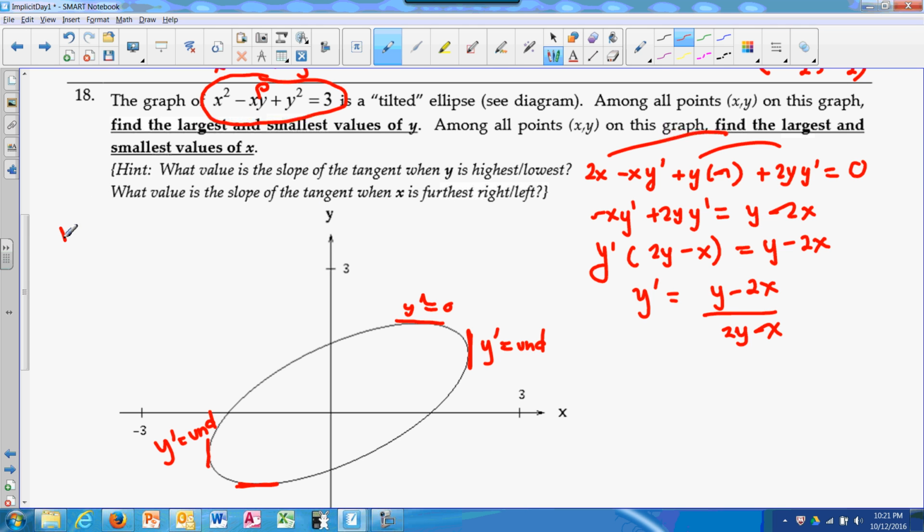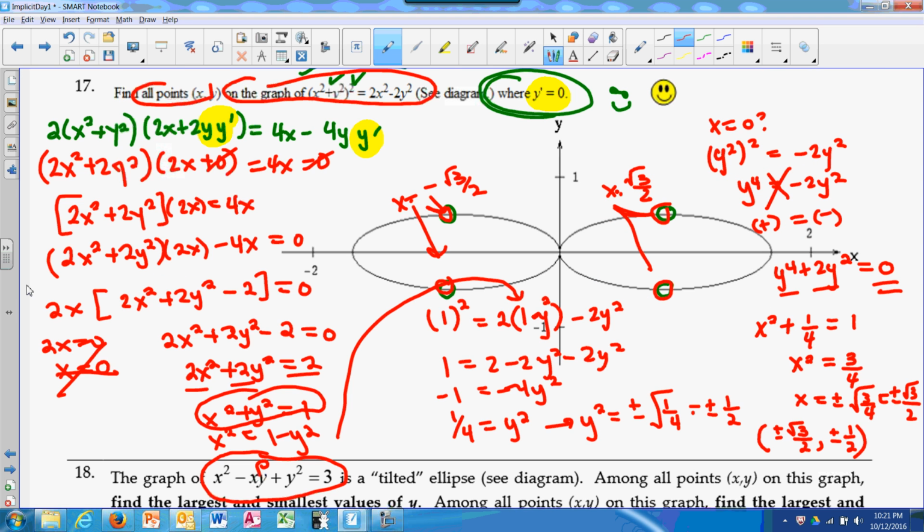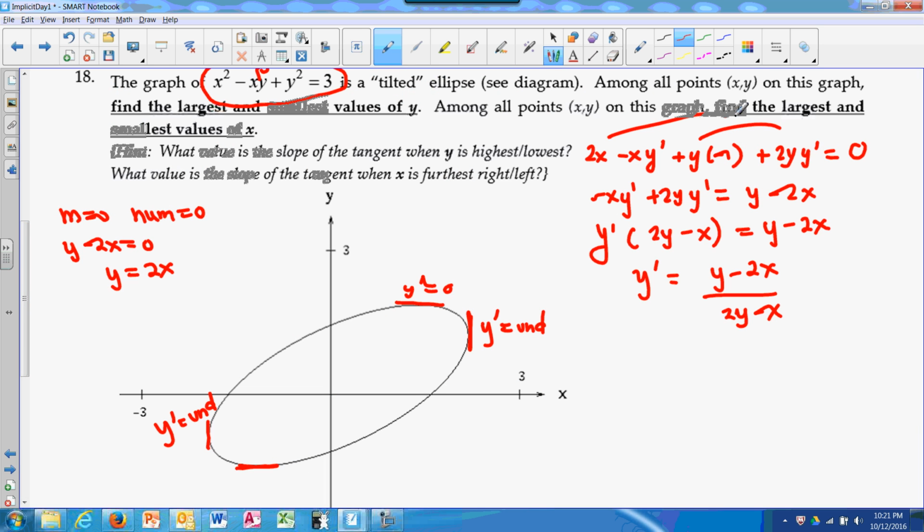So for our slope to equal 0, that really means only the numerator can equal 0. So for 0 slopes, I want y minus 2x to equal 0, or y to equal 2x. I'm going to use that by going back into the curve because I want points on the graph.